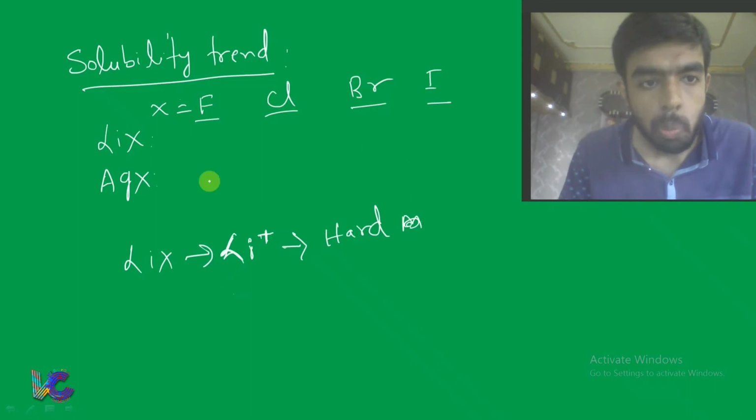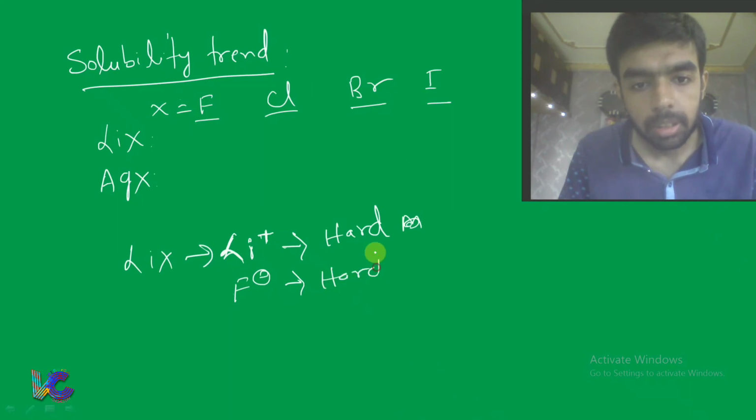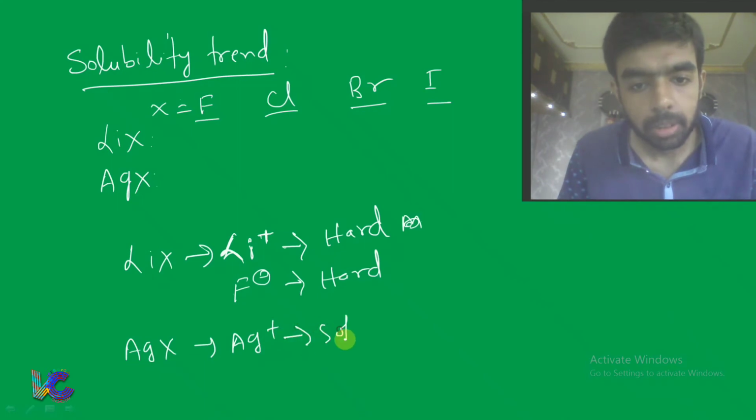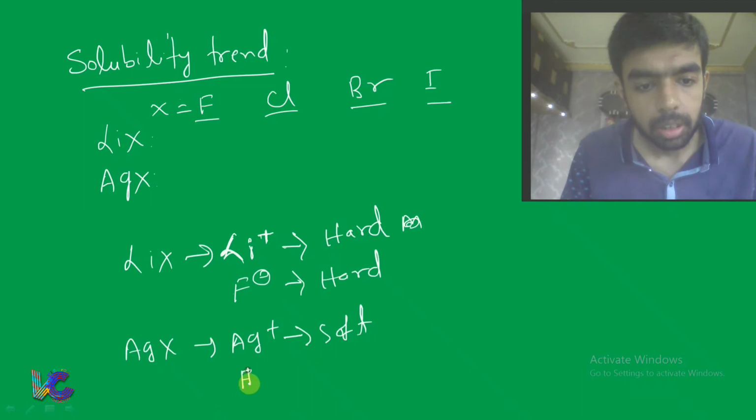Now when X is F, that means F- is the hardest ligand, you can say, it is very hard. And in case of AgX, Ag is in plus 1, so Ag is very soft, and I- is very soft.